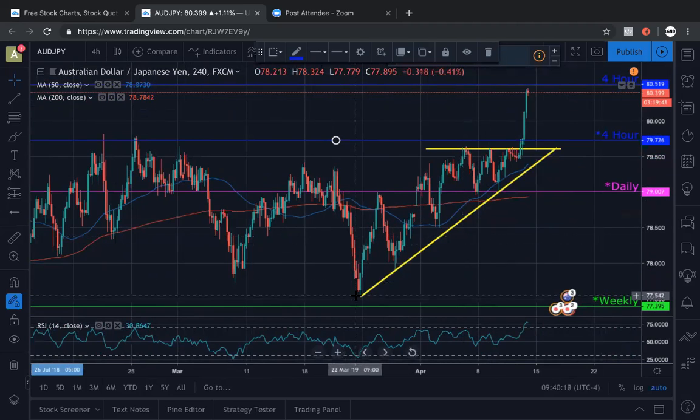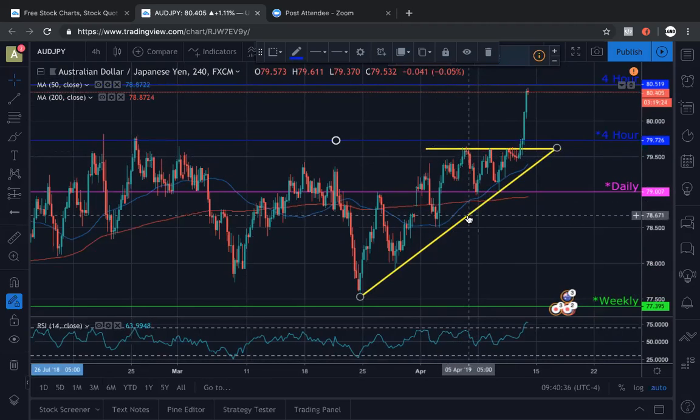As you can see, we got a low, a higher high, higher low, higher high, higher low, and price is continuously making higher lows. And now you have this ascending triangle right in this area. But I was looking at this level from an hour time frame and not considering the 4 hour time frame, as far as price is going up. So we should be buy bias.